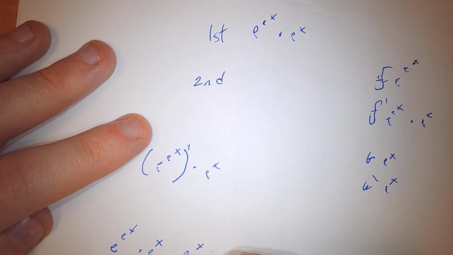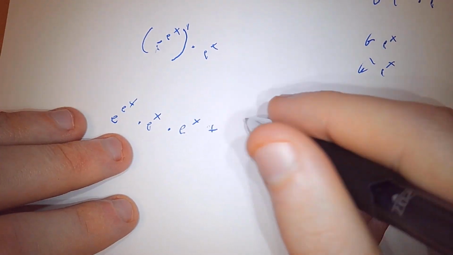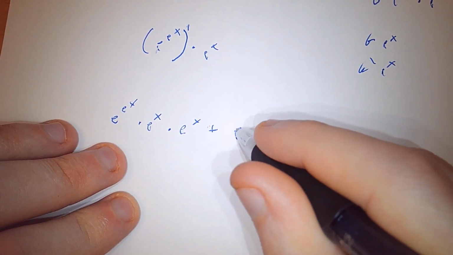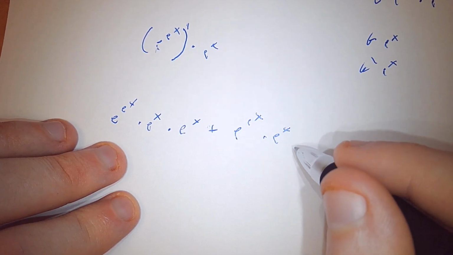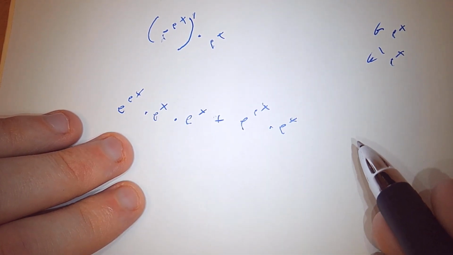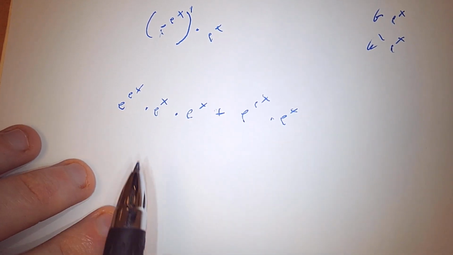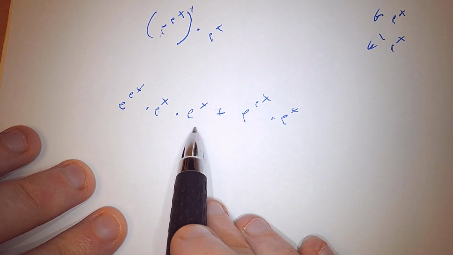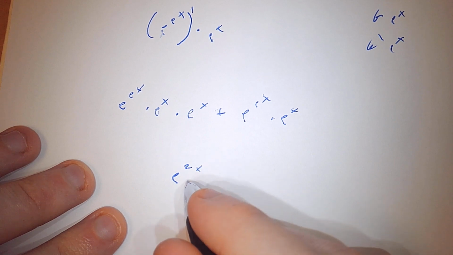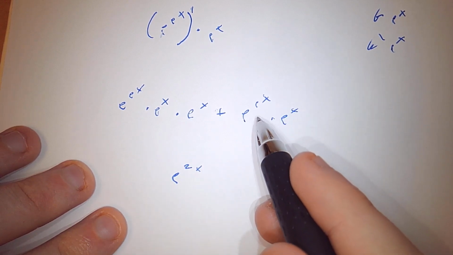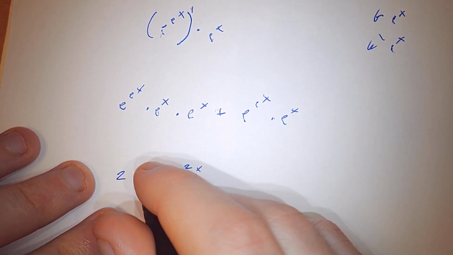Oh, sorry, plus e to the x times e to the x. And we could stop there, but it's not very neat or orderly, so we would want to combine our terms. So e to the x times e to the x would be e to the 2x, e to the x plus e to the x would be 2e to the x.